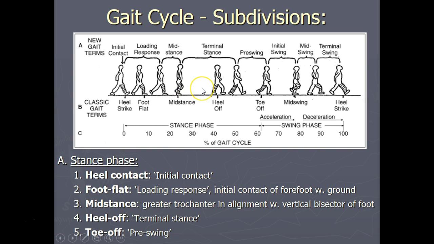So last but not least, what we have is terminal stance. And terminal stance begins as the center of gravity passes over the foot and ends just before the other limb makes contact with the ground. So it's like this in-between phase right in here.